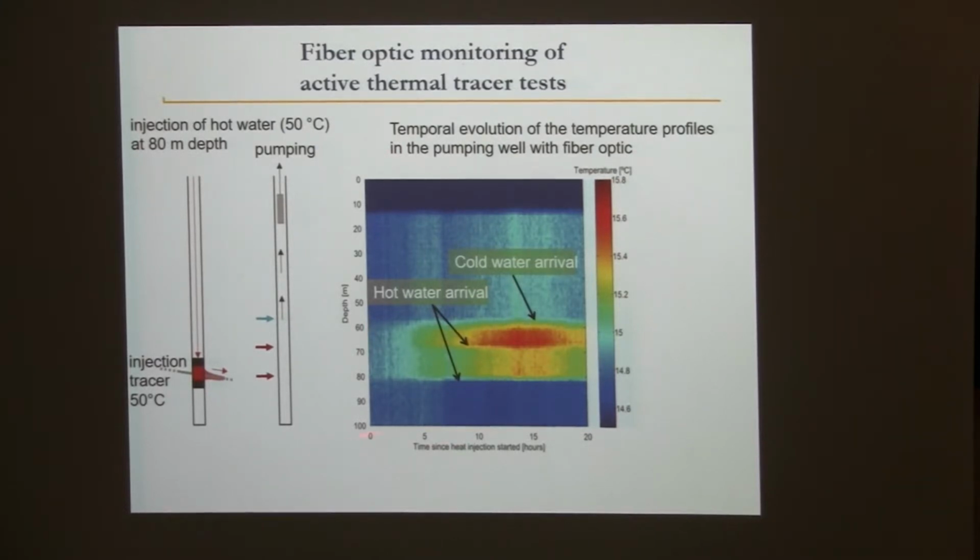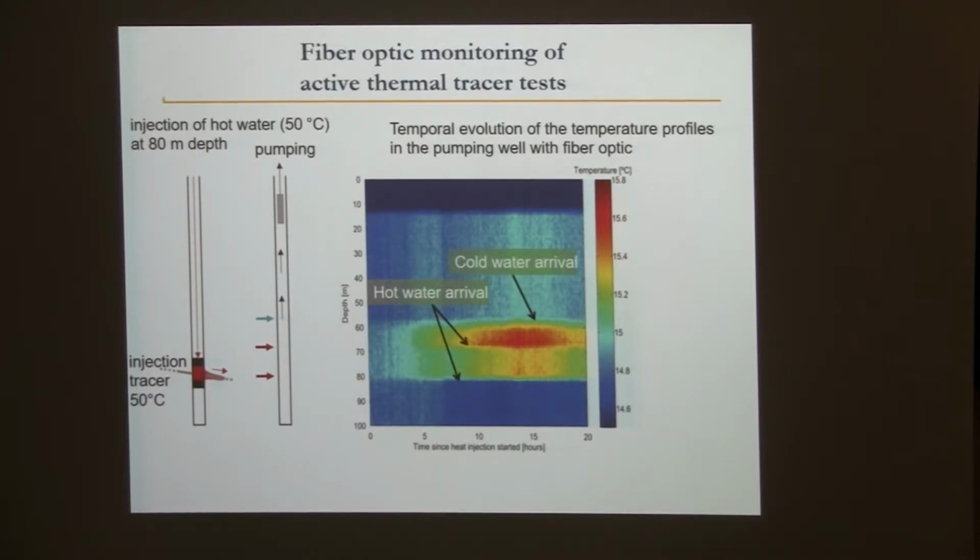So typically what we obtain is this variation of temperature with depth. This is depth and this is time. The experiment lasts almost 1 full day, 20 hours.